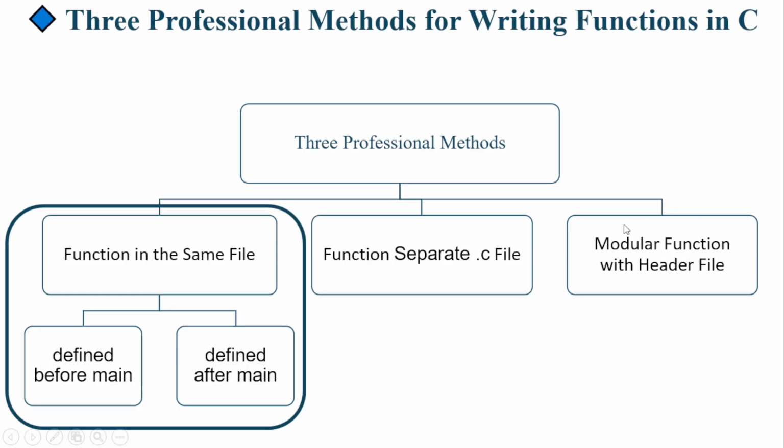Number three, defining the function in a .c file and declaring its prototype in a .h header file. This is the most professional and modular approach, commonly used in industry and larger projects. The function implementation is placed in a .c file, for example, utils.c.